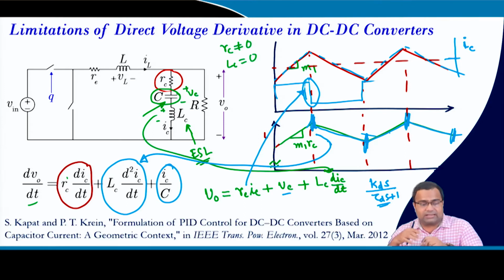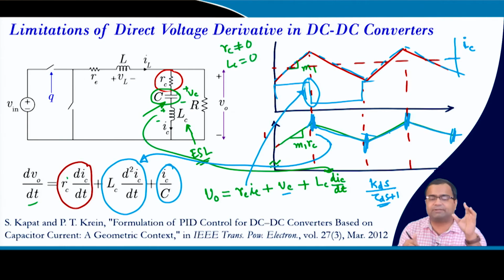This was shown in this paper with the experimental results. So, if you take the actual derivative, there can be a real jump in the output voltage. Though we can reduce this effect by proper layout, it is still difficult to totally reject this effect.